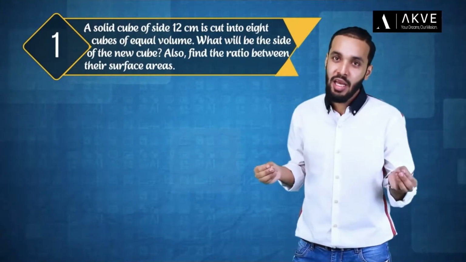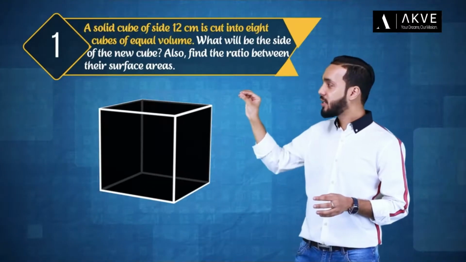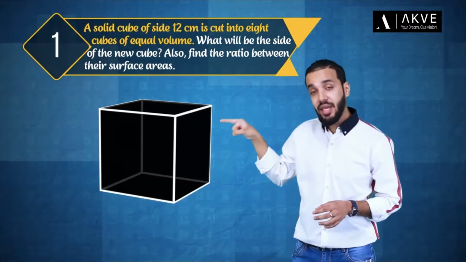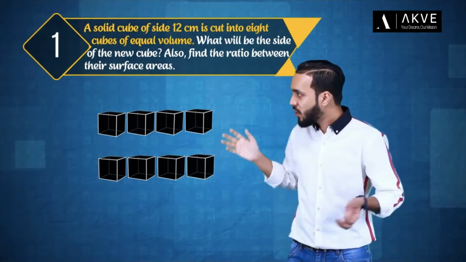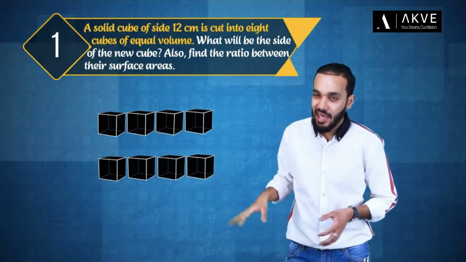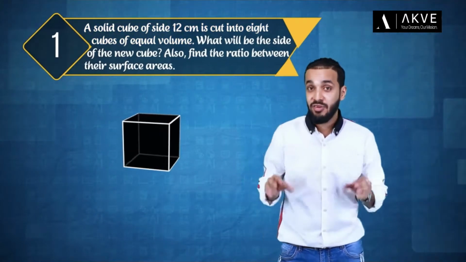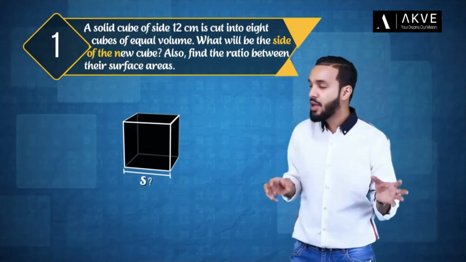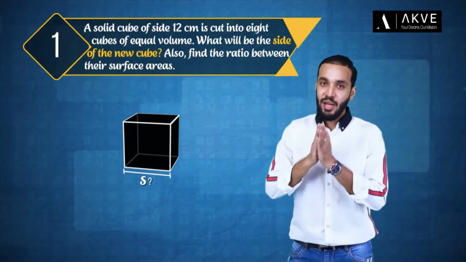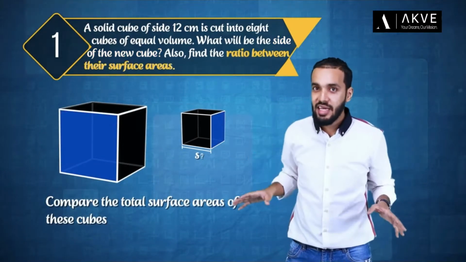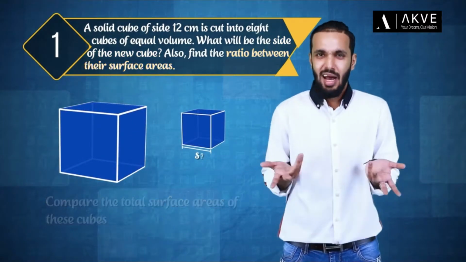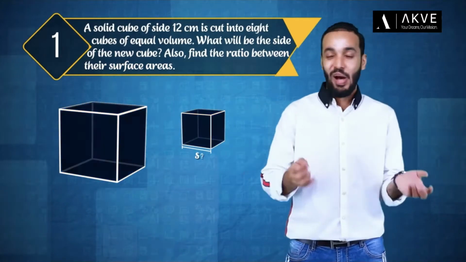As for the question, there's a big solid cube and it is being cut into 8 cubes of equal volume. That is to say, the 8 cubes are identical. Now, we just need to find the side or the edge length of this new cube and also compare the surface areas of the two. How difficult is that? Not at all.